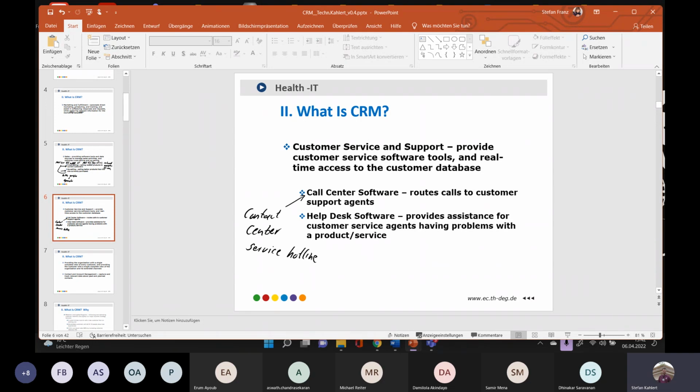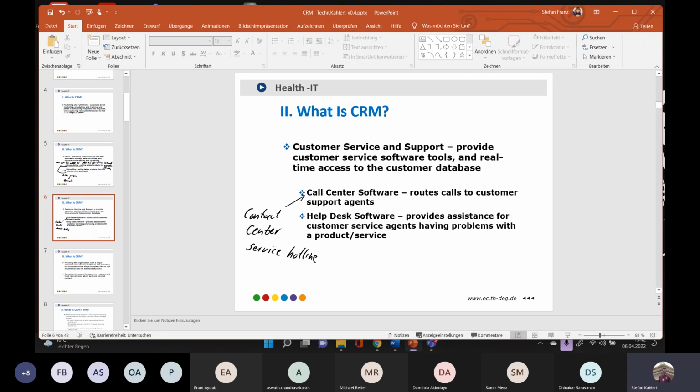You see that if you call, for instance, the hotline of banking institutes, or if you call clinics which have an advanced ERP software, that they recognize you, or that they have all the information on you available without forwarding you to other agents or other persons, so that they can directly help you.